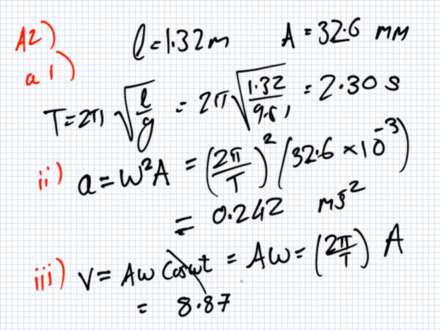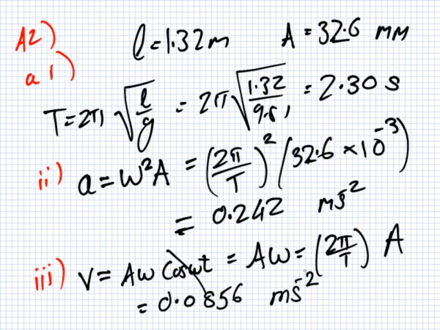What's the amplitude? 32.6 times 10 to the minus 3, and the time, and the L. If I put in more decimal places, I would get 0.0856 meters per second.